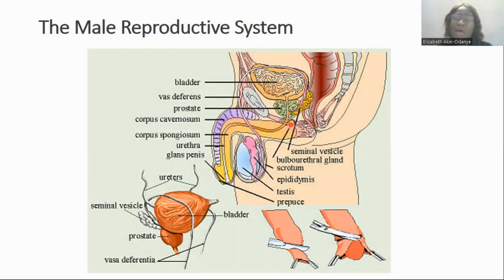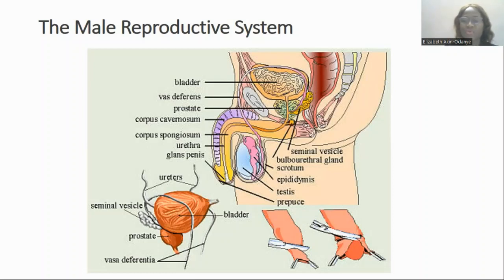So the bulbourethral gland secretes this minute amount of seminal fluid, and it is thought that this fluid serves as a lubricant for inserting the penis into the vagina. Not much is known about any other function of this particular gland.